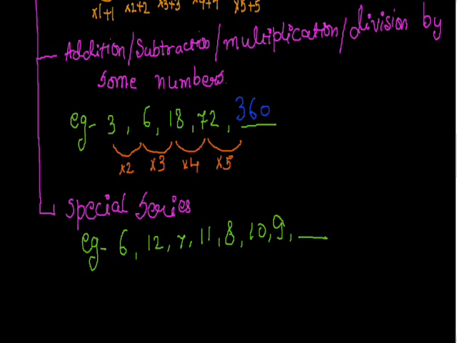In this series, if you observe, there is an increase from 6 to 12, then there is a decrease from 12 to 7, again an increase, then a decrease. This type of series is called a difference series.